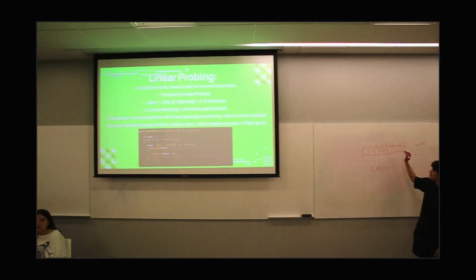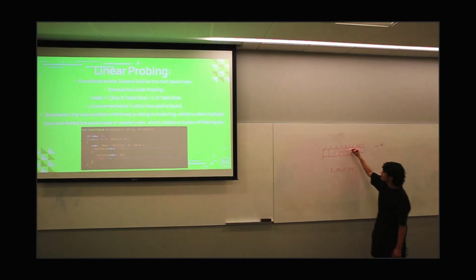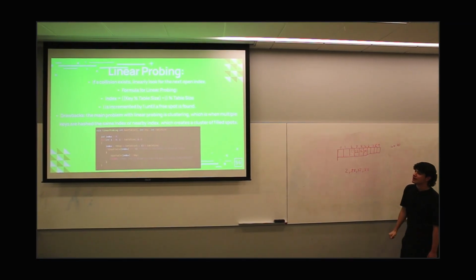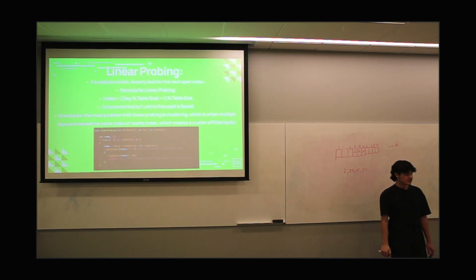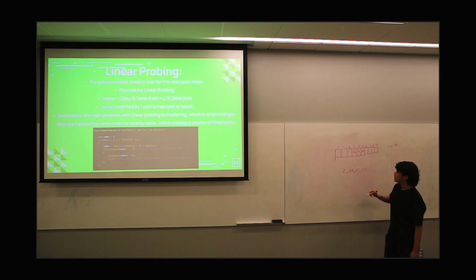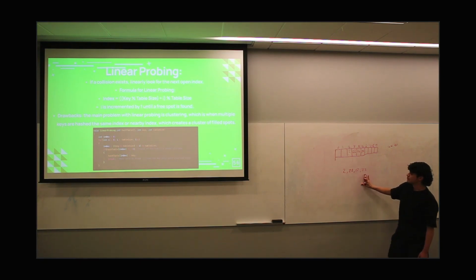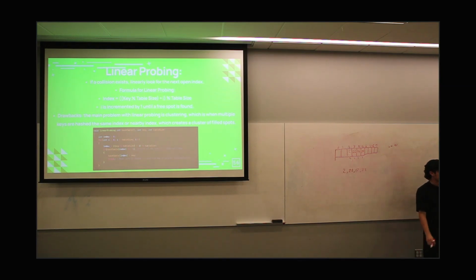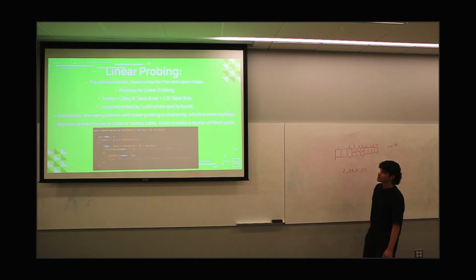And then the next one would be 32 at index 5. So that's the basic concept of linear probing. It just looks for the next open spot from wherever the collision happens. Right here, our collision is happening at 2 because all of these have a remainder of 2. So the collision is happening at 2, and from here, we linearly look for the next open spot. Okay? And yeah, that's all.